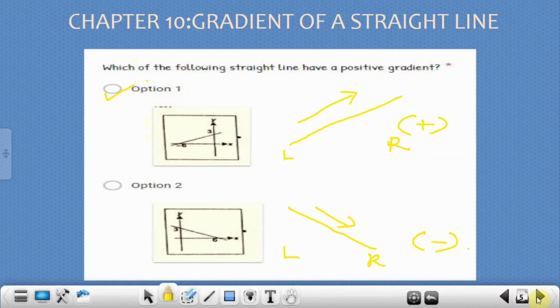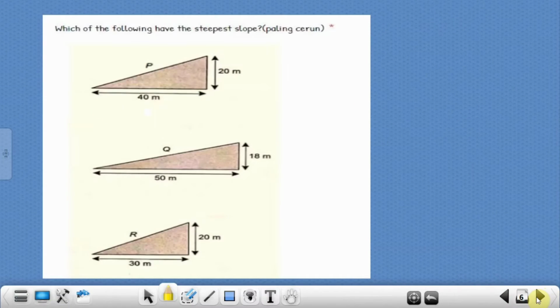Which of the following have the steepest slope? Slope is also the same meaning as gradient. If you look at this picture, without calculating anything, you can just look at the steepest, yang paling cerun sekali, which will be here. How do I know?